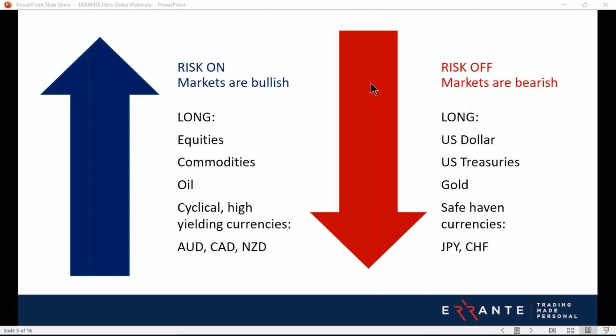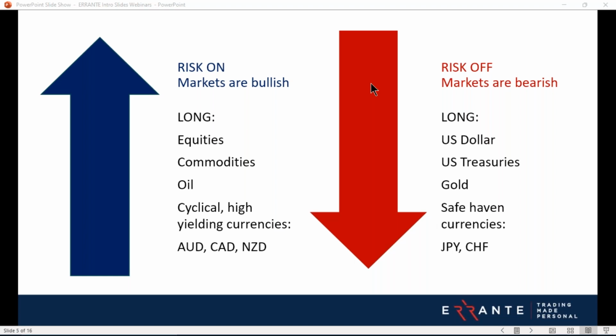Risk averse means selling equities, selling high yielding growth cyclical currencies like the Aussie dollar, like the Kiwi dollar, and then buying US treasuries, as I've said, buying bonds, buying fixed income instruments, which investors will flock to when times are uncertain.